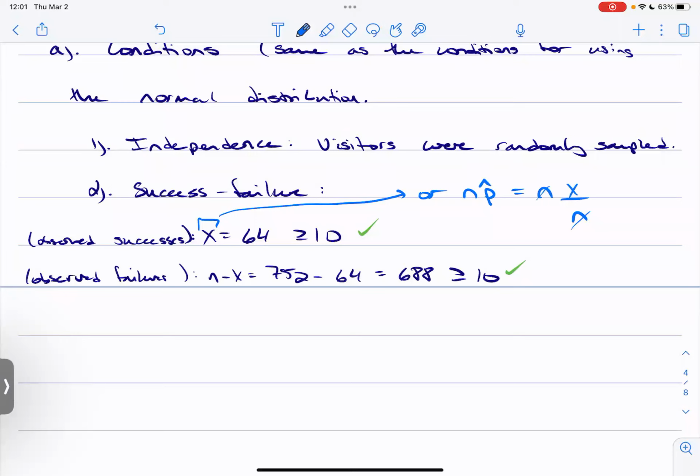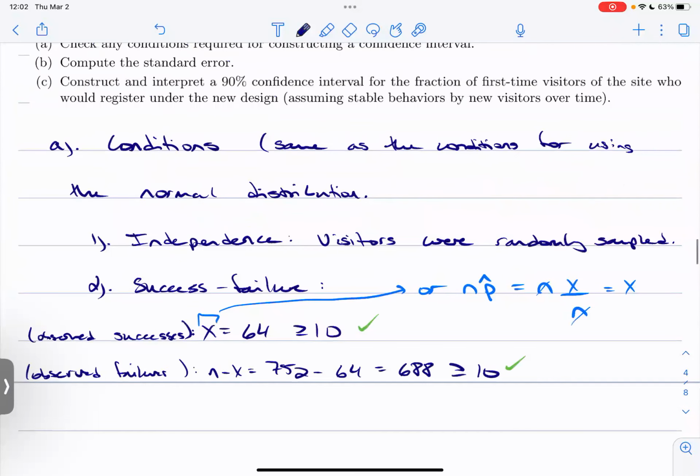So if you have X, it's just easier. But it's okay if you want to play it safe and always use N times p hat, that's totally fine, right?